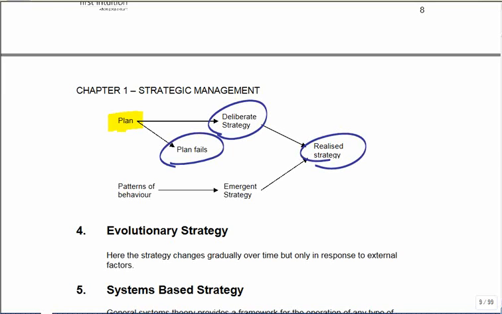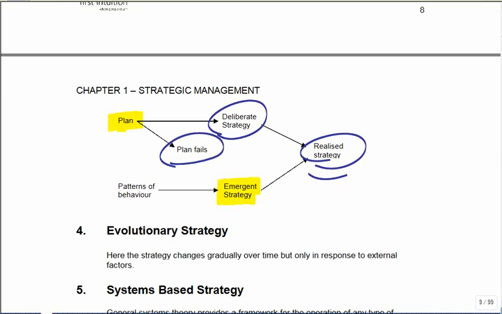But you've also got, down the bottom, the emergent strategies. And they come from simply what we're doing, what's described as the patterns of behaviour. So because of the way we're behaving, because of what we're doing, because of the sort of business we are, these emergent strategies just come about.